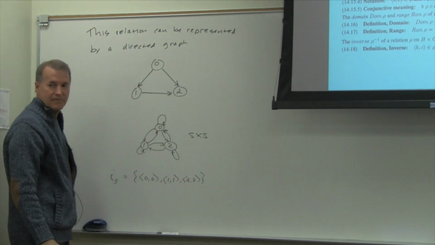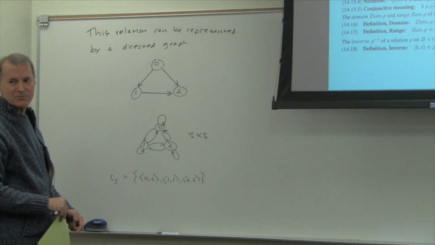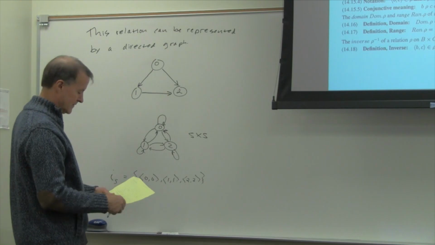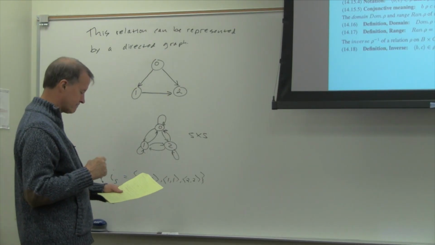Isn't that the exact same thing as the equals relation? It is the same as the equals. Does everybody see how that works? Okay, that's it. It's the exact same thing.